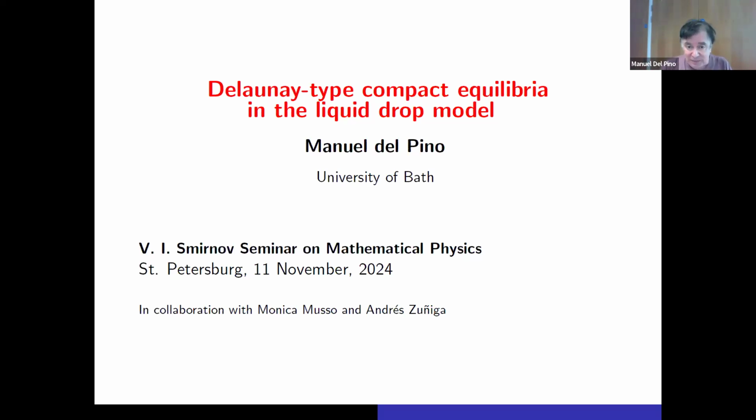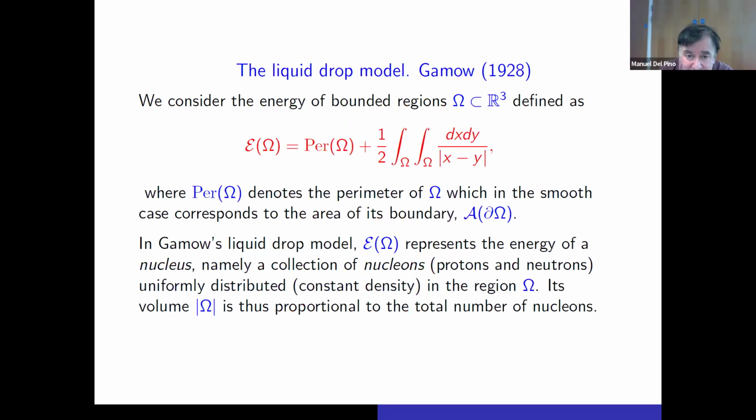So this is called the liquid drop model, due to the famous physicist Gamow in 1928. This is a variational problem. The problem is finding critical regions omega. Omega are bounded regions in three-dimensional space that are in a certain sense critical for this energy functional.